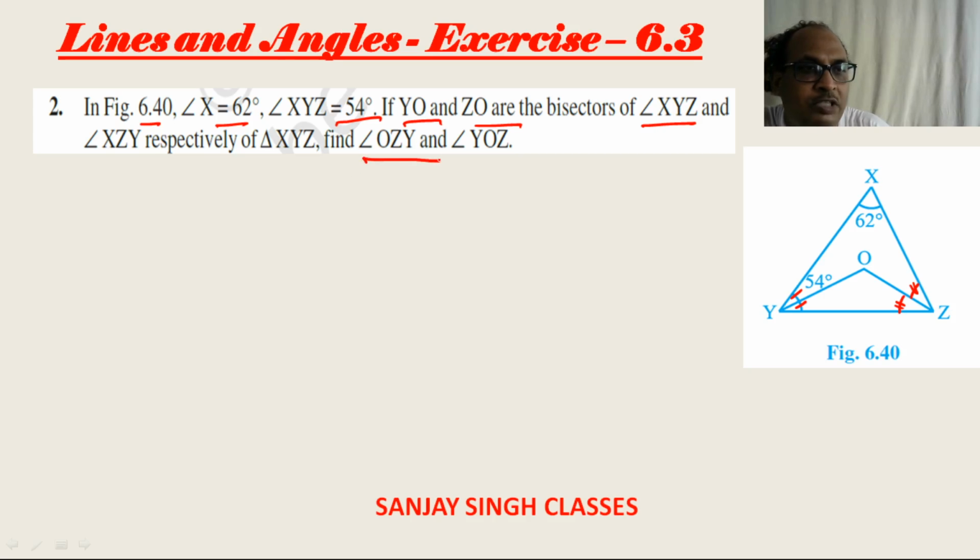This is a bisector, this is also a bisector. So each angle will become 27 degree here. Angle XZY we do not know, so we will find it out. We need to find angle OZY and angle YOZ, this one. Right, so let us find out.